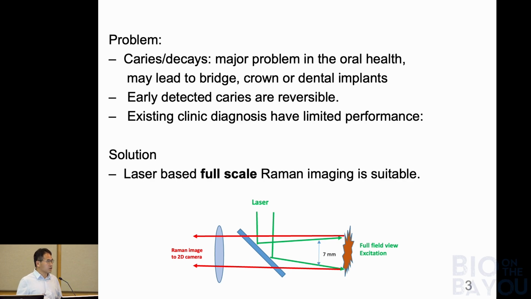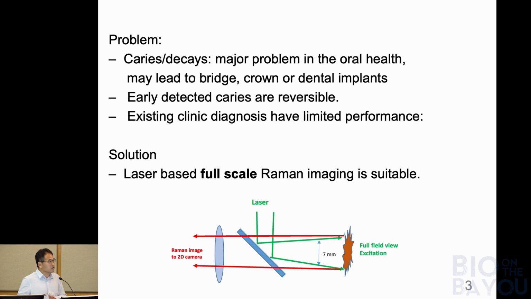Now this gives the advantage that we can modify the laser profile, because you don't go through the objective, so the laser is not converged. Now we can modify the profile so the beam can cover the whole field of view of the sample and of the lens, a bigger area, up to 1 centimeter in diameter.